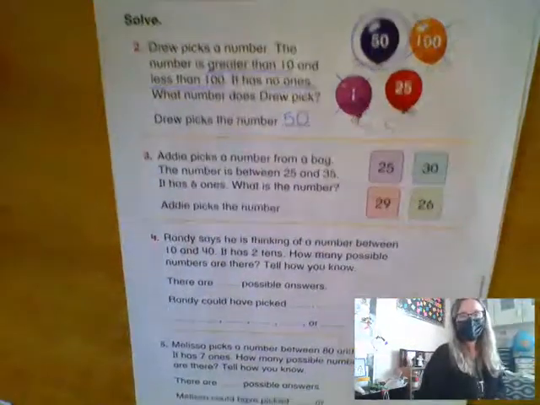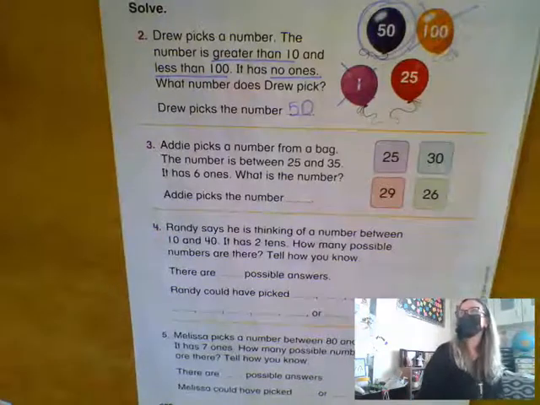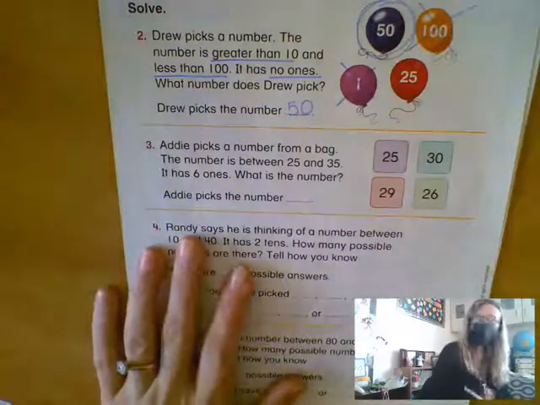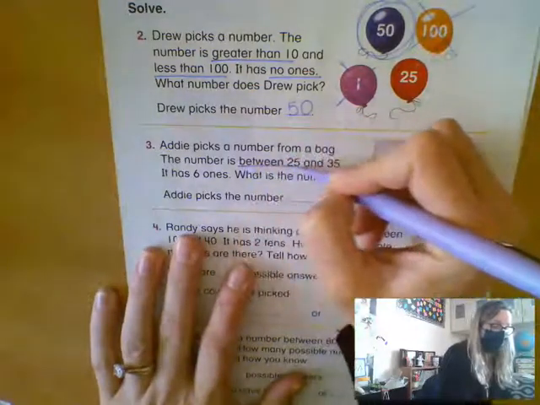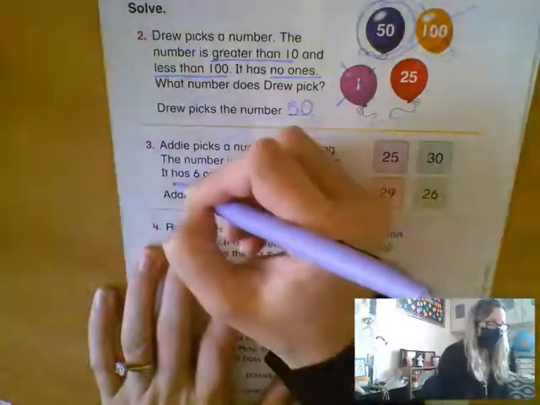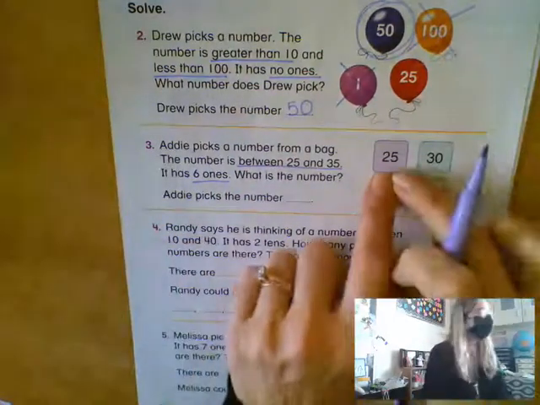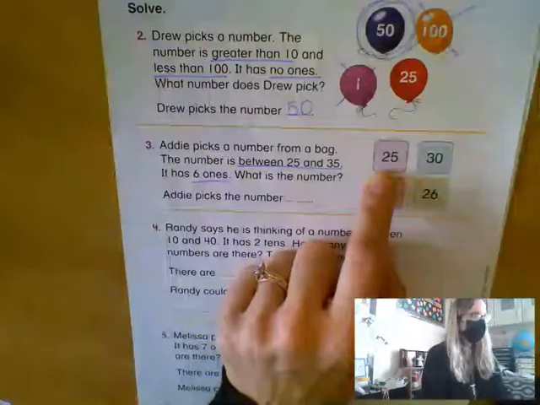The question about Mateo, walk me through number 3. It says Addie picks a number from a bag. The number is between 25 and 35. It has 6 ones. Okay? So, is 25 between 25 and 35?